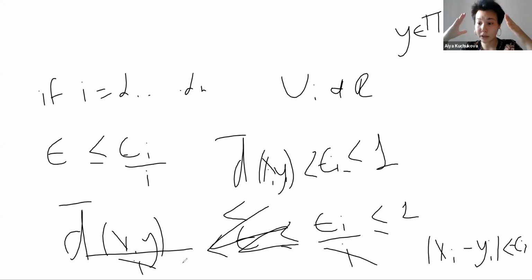Why? Because we specifically made it so that a distance between x and y, where x is just something in that basis element, would be smaller than the radius around x in any of the dimensions. So we came to a conclusion that y lies in that product topology.